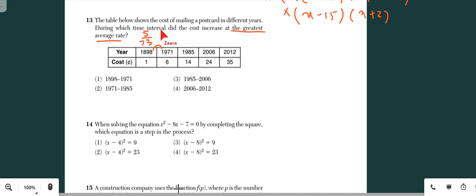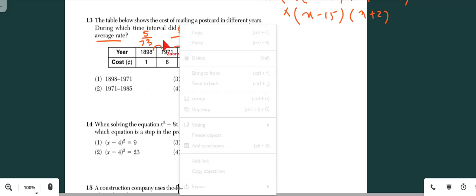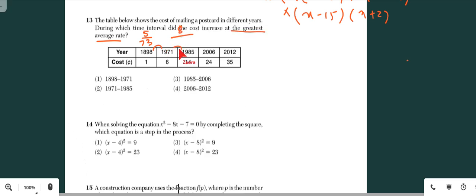This minus this, okay? So from this to this, what's the difference between them? 14 minus 6 is 8. Okay, what's the difference? 14 minus 6 is 8. Okay, 85 and 71 is 14.